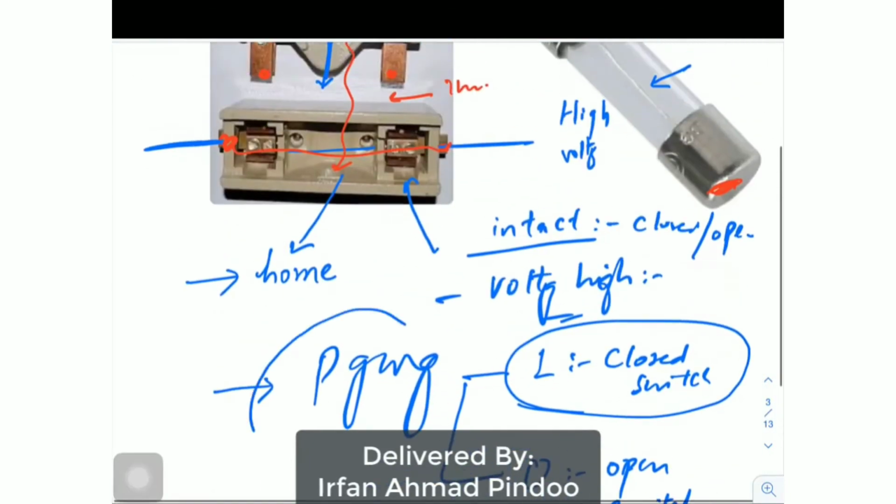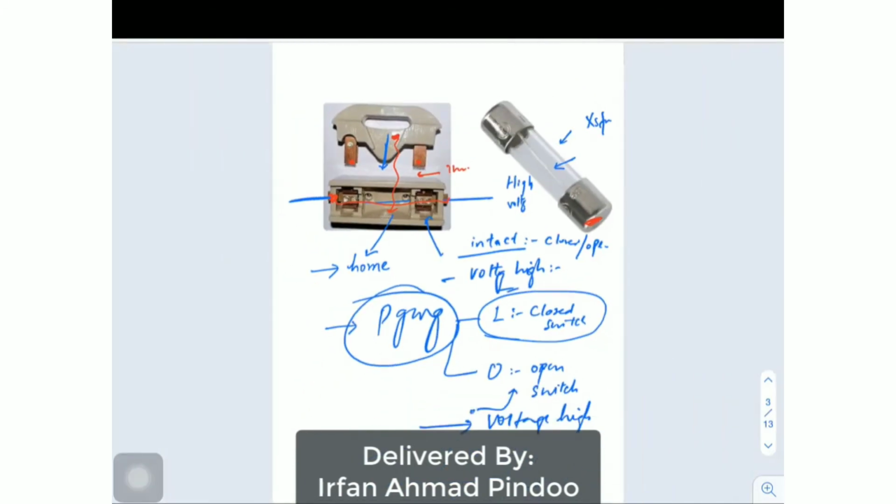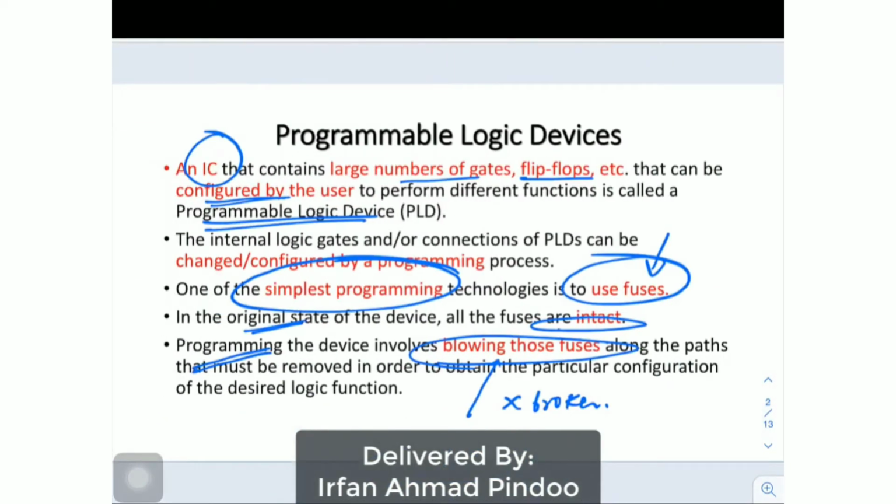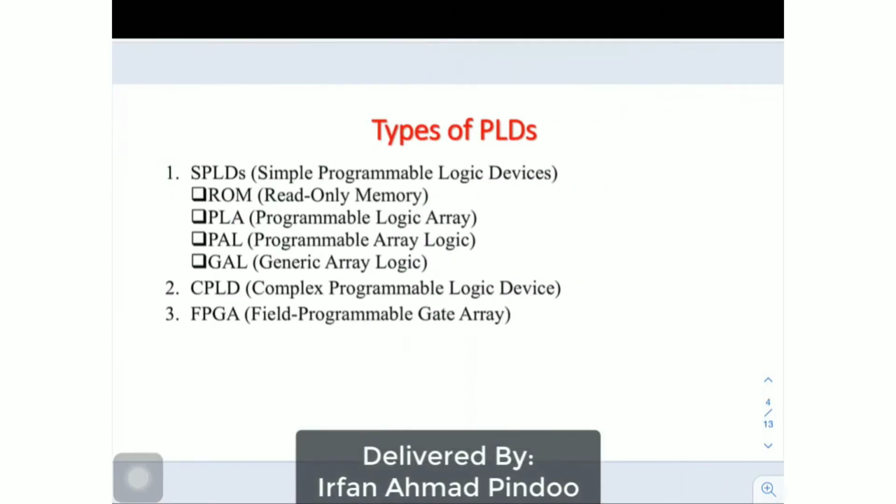So this is the concept of the simple programming that we are talking about in the PLDs. It is the simplest form of programming, using the concept of fuses only. In the original state all the fuses would be intact, and while programming, you can blow the fuse. So that is the simple concept of programmable logic devices.